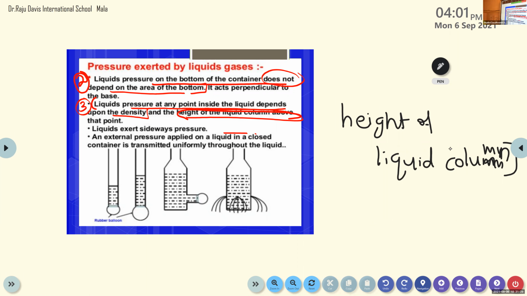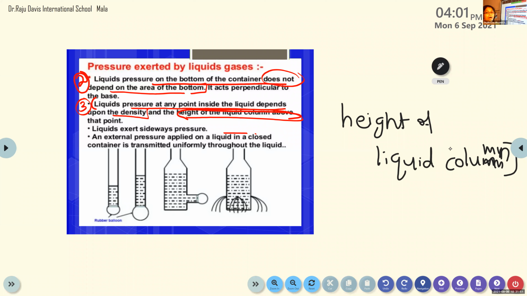Okay. So next, liquid pressure at any point inside the liquid depends upon the density. Density means, take oil and water. Now tell me, if you put the oil inside the water, which will float? Oil or water? Oil. So who is having more density there? Water. Water has more density.